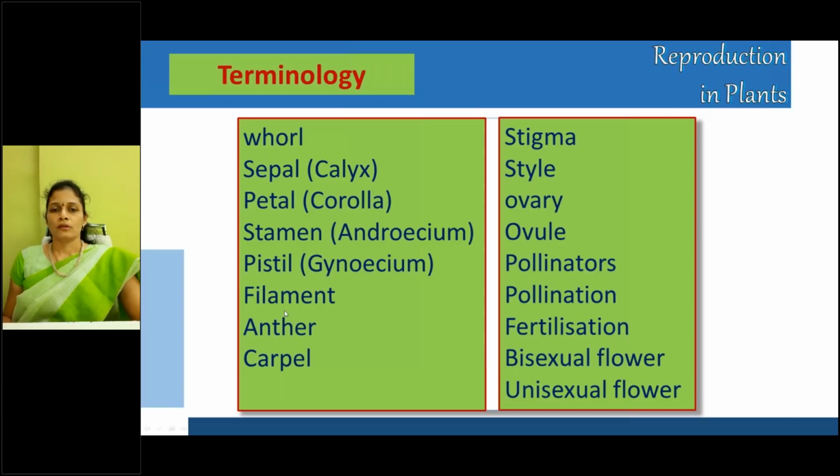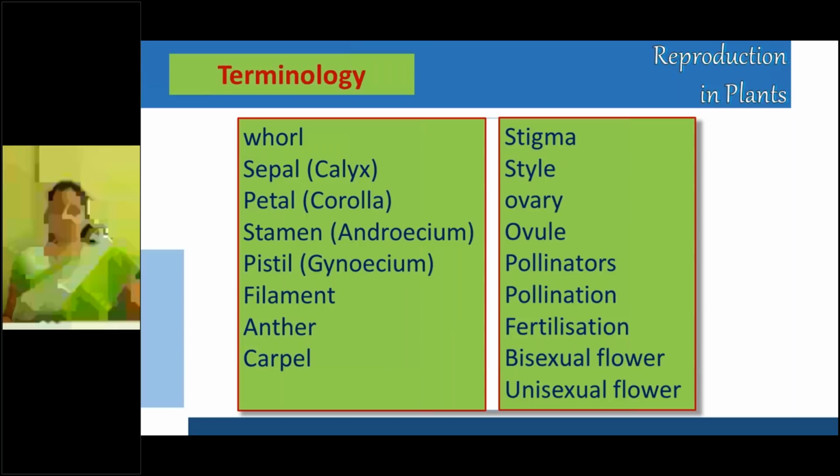Filament, anther, carpel, stigma, style, ovary, ovule, pollinators, pollination, fertilization, bisexual flower, unisexual flower. See, we got so many new terms in this session, children. So you all practice properly with these words.